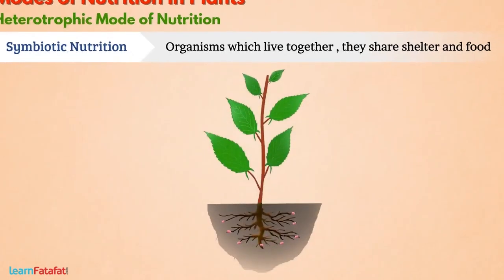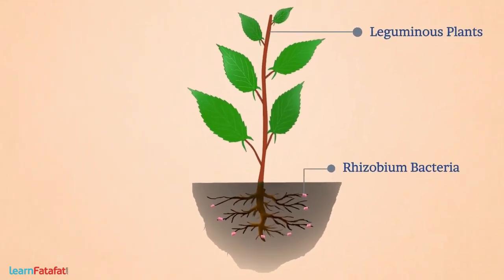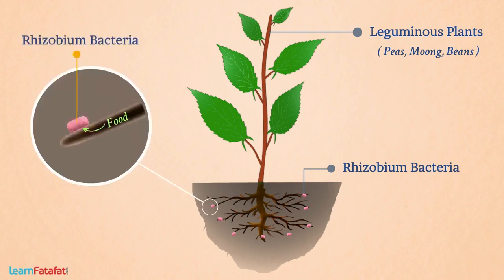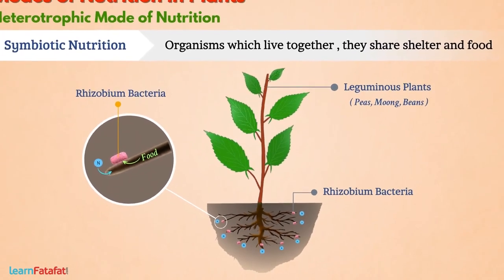For example, rhizobium bacteria and leguminous plants such as peas, moong, beans, etc. The leguminous plant lets the bacteria live in its roots and also provides food to it. On the other hand, the rhizobium bacteria convert nitrogen present in the soil into a form usable by the plant. In this way, both are benefiting from each other.